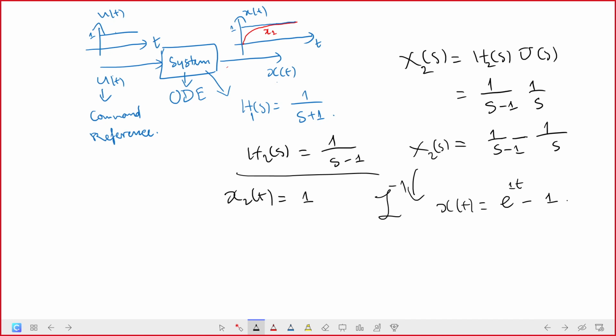So h2 here starts from minus 1, say minus 1 here, and then when t goes to infinity, h2 of t goes to infinity even faster, right?